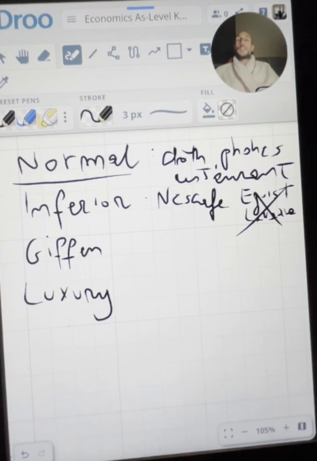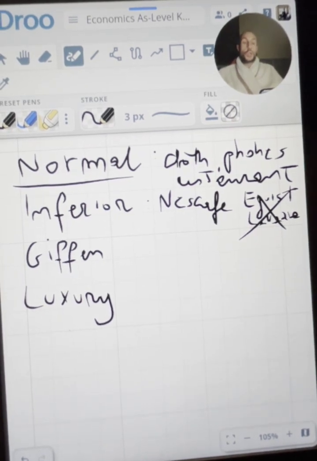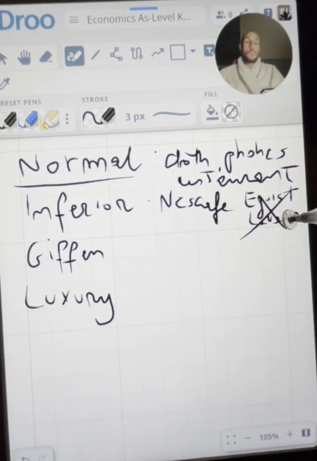What happens if your budget increases? Are you going to buy more Nescafe? I will buy better coffee. So the quantity of Nescafe that you are going to consume goes down. That's the definition of an inferior good.